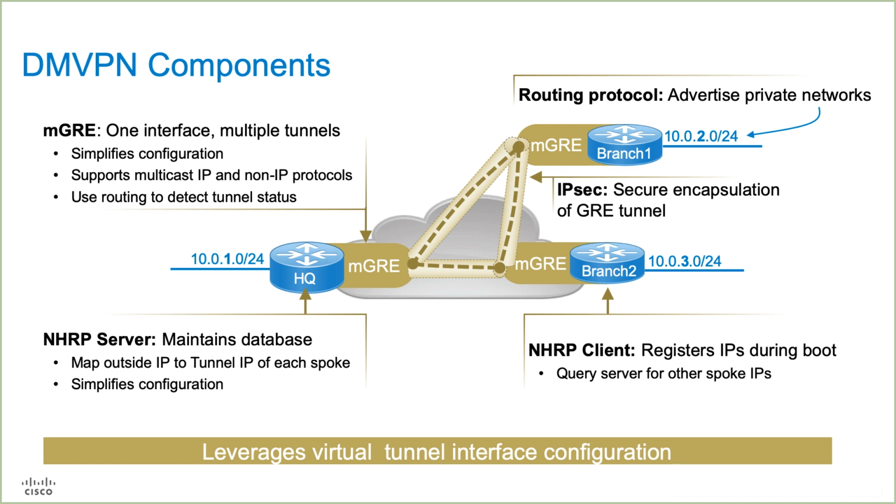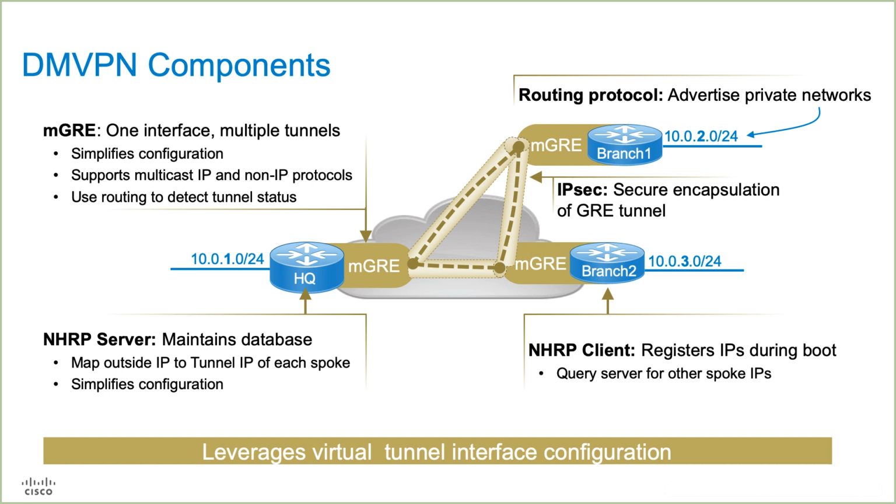For example, upon initialization, they will register their IPs, both their private subnets, their tunnel interface, and their public or reachable interface addresses with the NHRP server. And then additionally, later on, and we're going to talk about this coming up in a moment, the NHRP client will query the NHRP server, or said another way, the spoke will query the hub for other spoke IPs, reachability to other spokes.